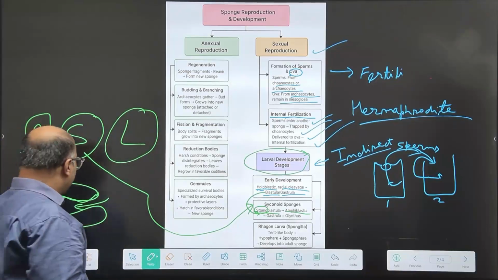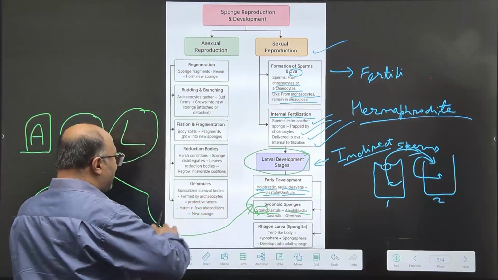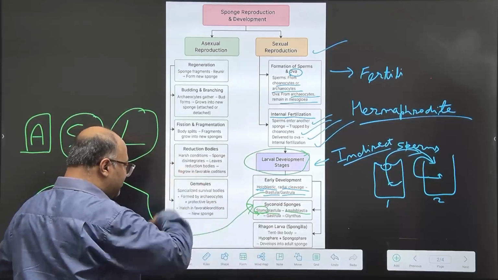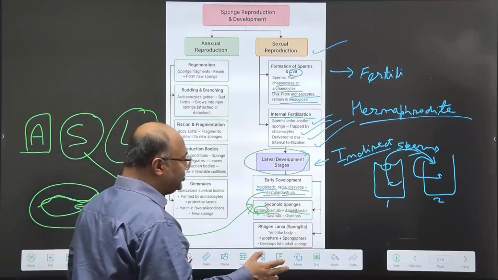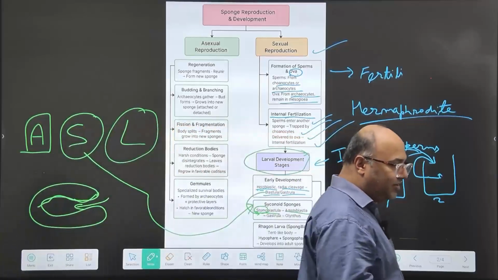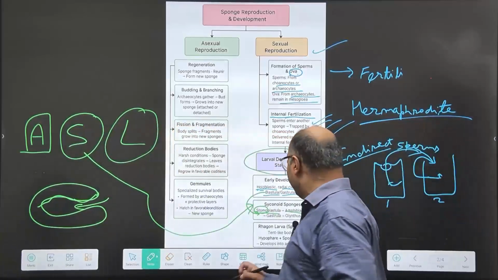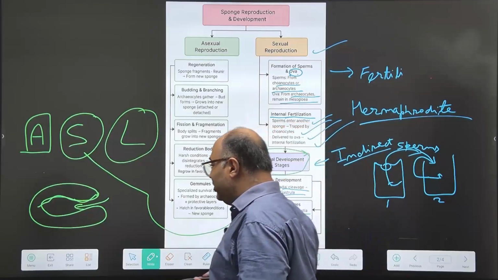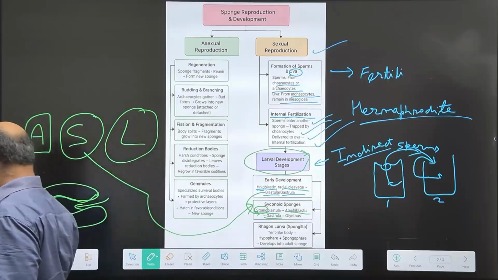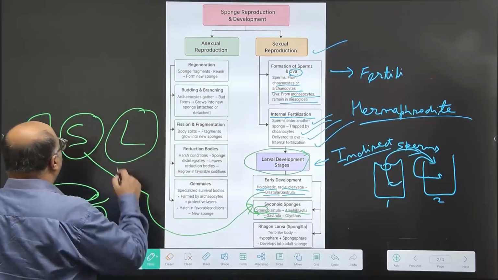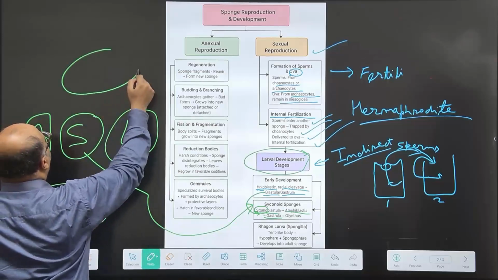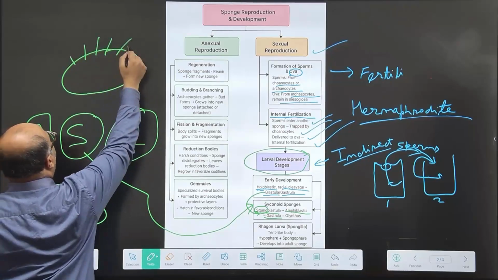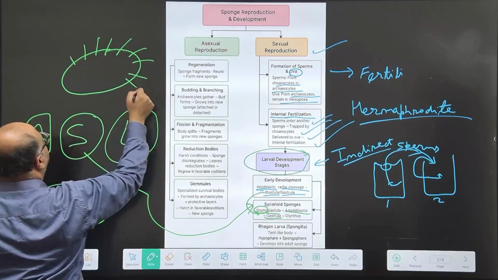And during the amphiblastula stage, once it inverts itself through its mouth, that means the outside portion comes inward and the inside portion comes outward. The next thing is gastrulation. Now, during the gastrulation stage, the larva has flagella on the outside.